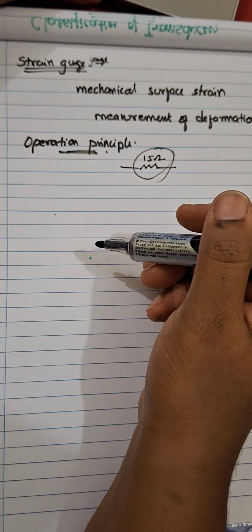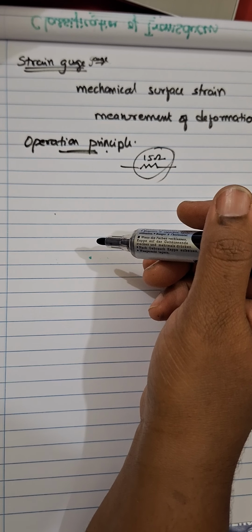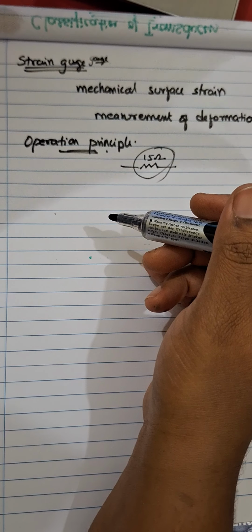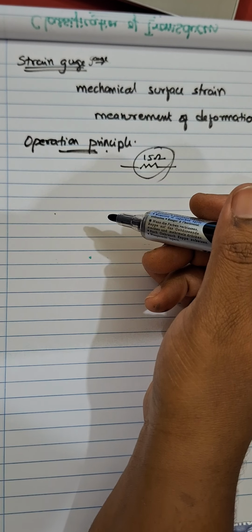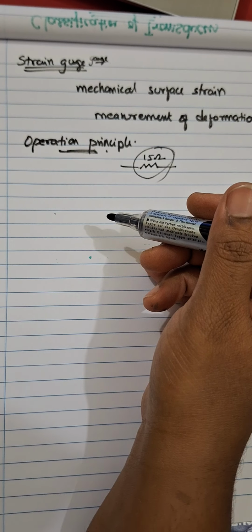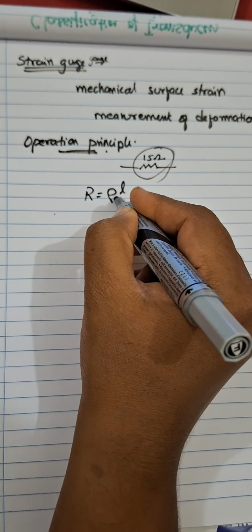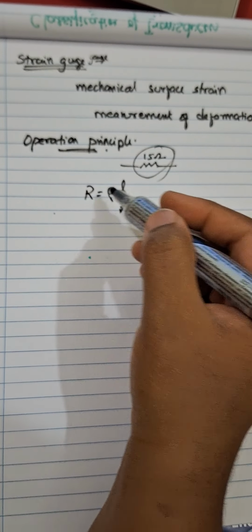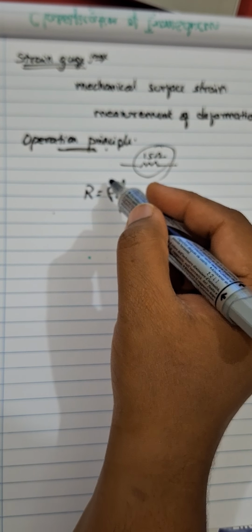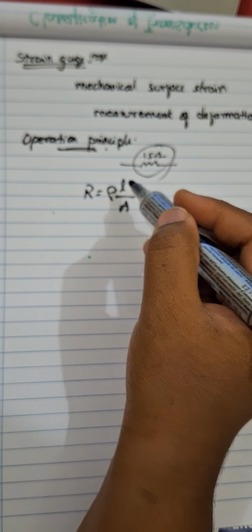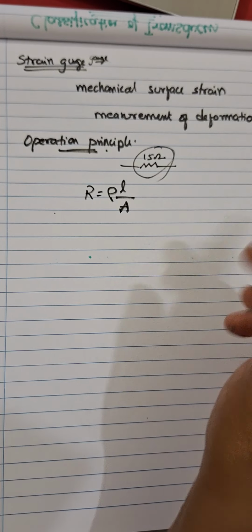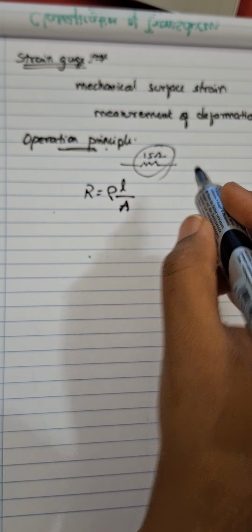Now how are we going to calculate the resistance of this conductor? Usually resistance of the conductor is given as R equals rho L by A, where rho is the resistivity of the system, L is the length of the conductor, the wire you have considered, and A is the area of the cross section of that conductor.